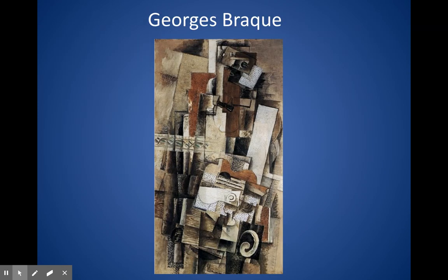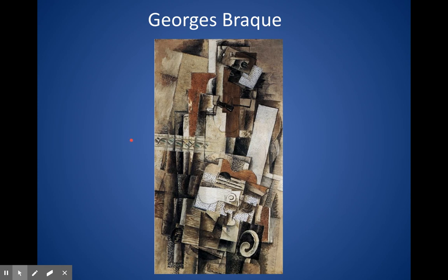What's interesting about the Cubism that Georges Braque helped create was he helped create a style called analytic Cubism. And the idea is that these normal things that we use when we're drawing and painting, like lines and shapes and shading, stopped having the same meaning.